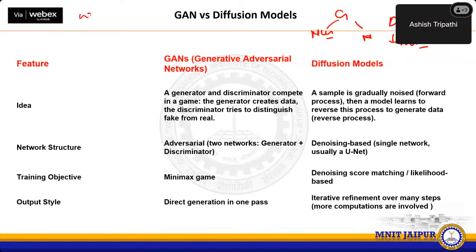GANs, if I talk about the vanilla GAN, generally have 2 neural networks, one is G and one is D, whereas a diffusion model needs one neural network that is used in the reverse process, that is the denoising stage.